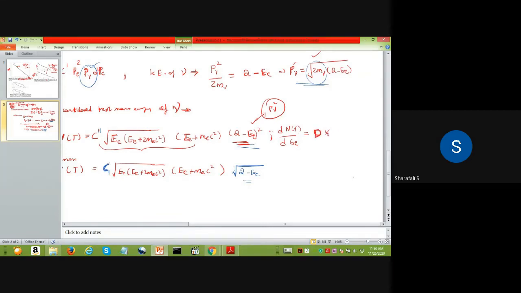This is multiplied with the derivative of the second function, that is 2 into q minus E, plus you have to take the derivative of the first function, so I will take d by dE of q minus E square.